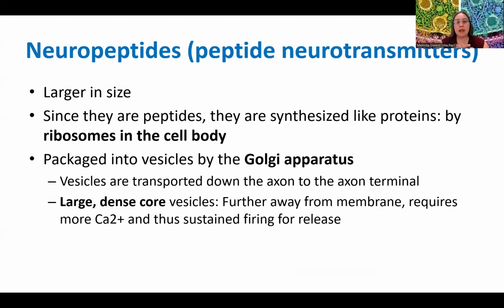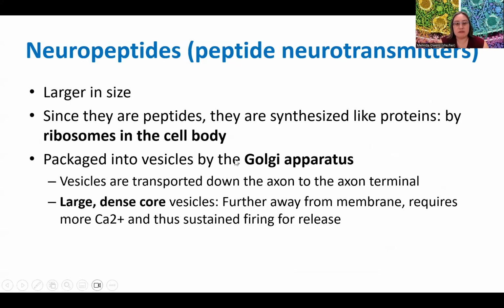Now, these, as you can see, are larger in size. And because they are peptides, they are synthesized just like proteins. So everything you know about protein synthesis is true of making these neuropeptides. And so they are made by ribosomes that are in the cell body. And where they're packaged into vesicles is also in the cell body.